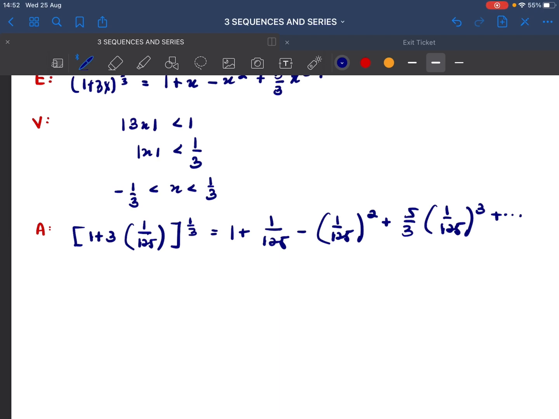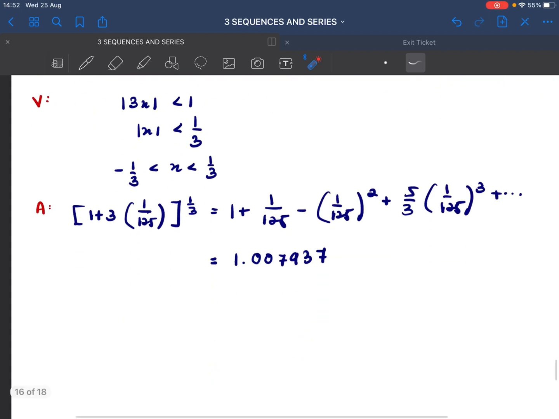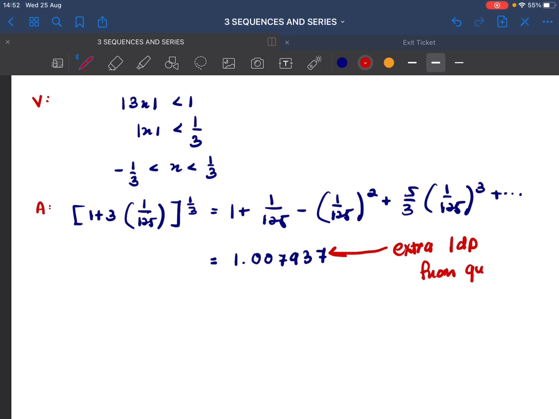For the right hand side there is no problem, just put everything into the calculator and calculate, and you are going to get 1.007937. Do you see what I did? The question said 5 decimal places, but whenever you do your working, it has to be 1 extra decimal place from the question. So if the question asks for 4 decimal places, in your working make sure you use 1 extra decimal place.